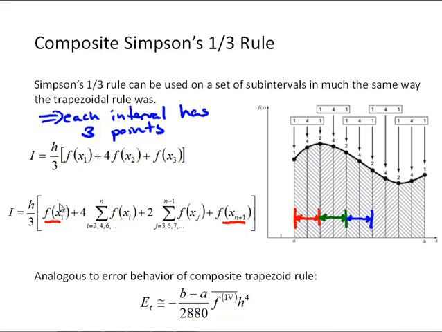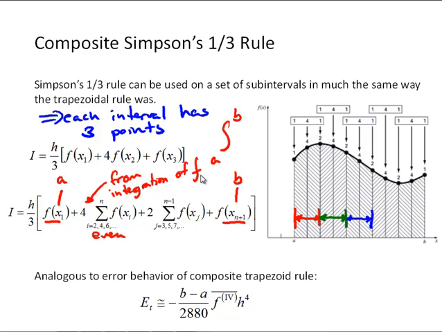So again, for our integral, that's usually a, and b for that integral from a to b. But then on the internal points, we're going to have, for the even points, 4 function evaluations, and that's just from, again, that integration of the quadratic Lagrange polynomial.